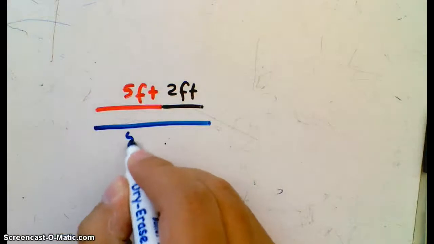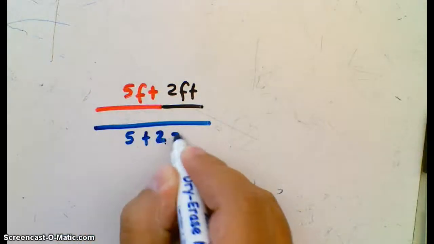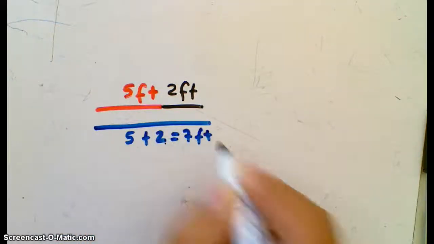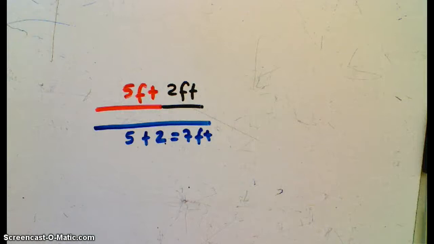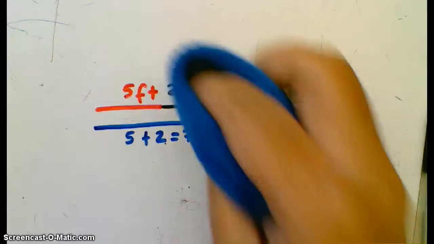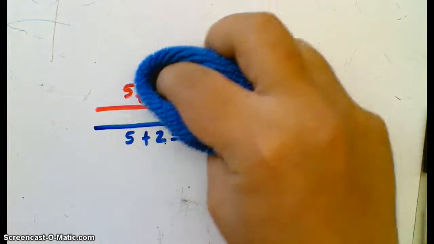You will say very quickly that it is 5 plus 2, which is 7 feet, and you will be absolutely right. But what if we don't know one of those measurements?